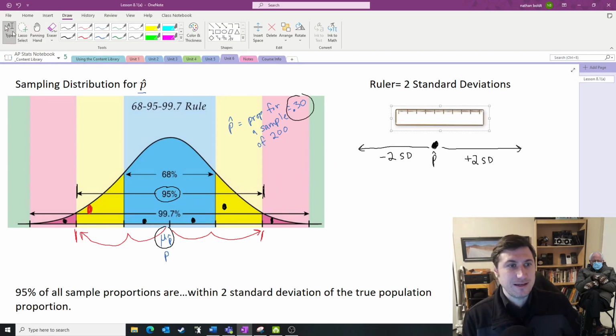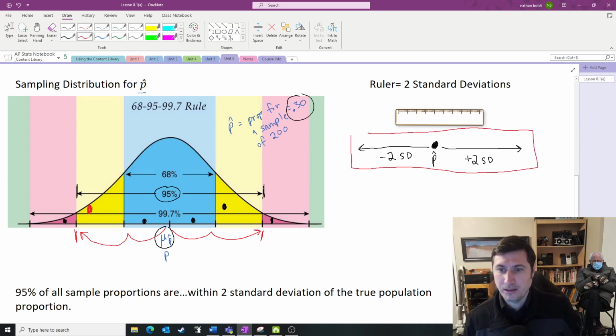And so this idea right here is going to become my confidence interval. I'm going to take my observed proportion, and I'm going to add some to it, and I'm going to subtract some from it. Now, in this case, because I was doing 2 standard deviations, I am 95% sure.